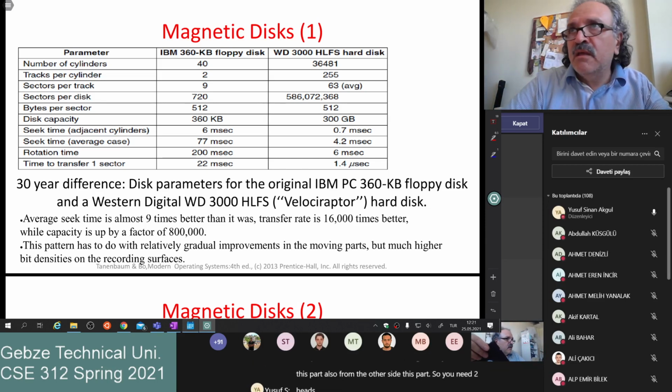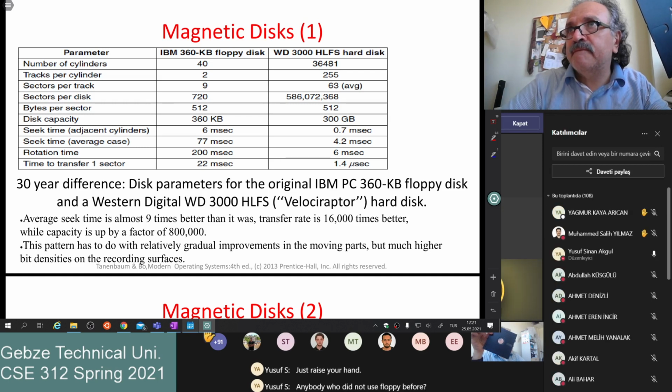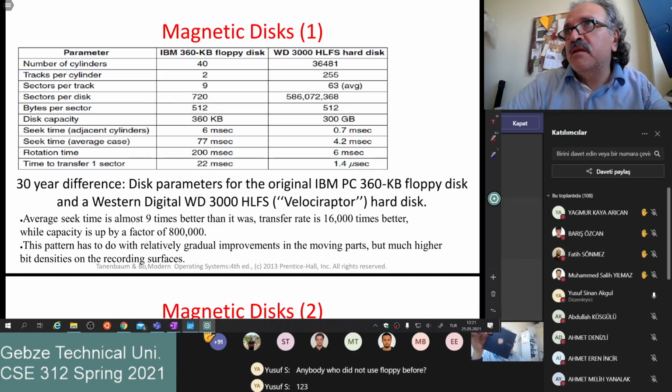Are there anybody among you who did not use a floppy before? Just raise your hand. 1, 2, 3. Just 3 people? 4 people?